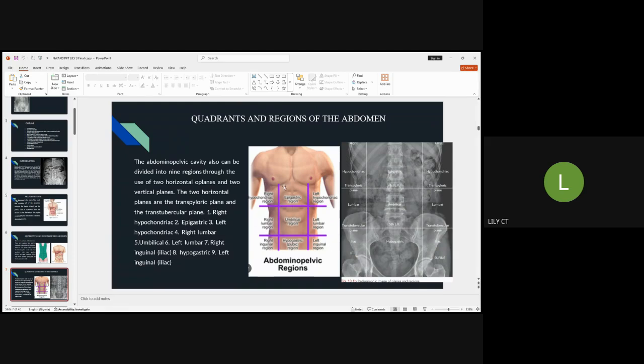So they divide the abdomen into 9 regions: the right hypochondriac region, the epigastric region, the left hypochondriac region, the right lumbar, umbilical, the left lumbar, the right inguinal region, the hypogastric or pubic region, and the left inguinal region. And here we also have an X-ray image that shows us the division of the abdomen into 9 regions.